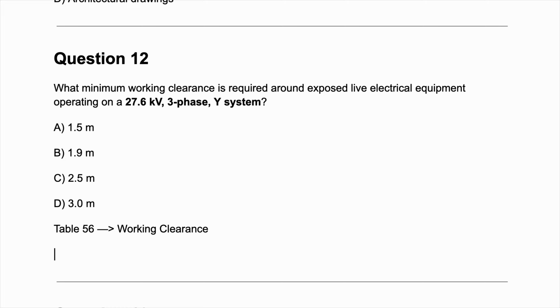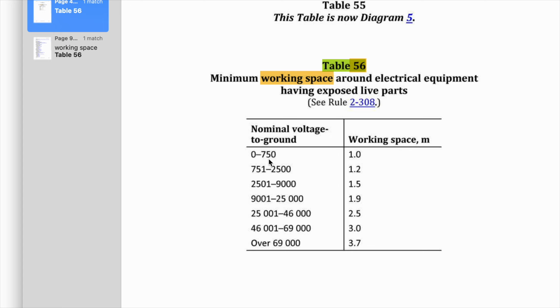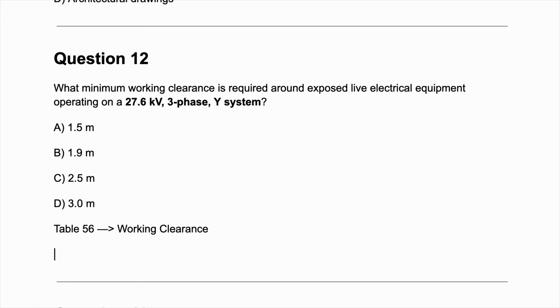This table tells you that the first column is about the voltage, 0 to low voltage, and these ones are high voltage, for example 25 kilovolt to 46 kilovolt, and the working clearance space is 2.5 meter. But you need to know that for this question, this Y system is important.